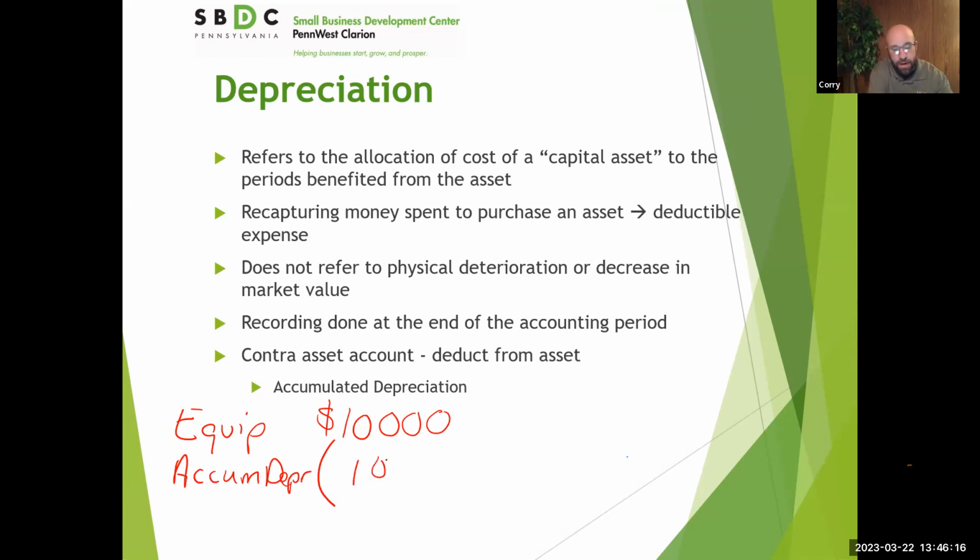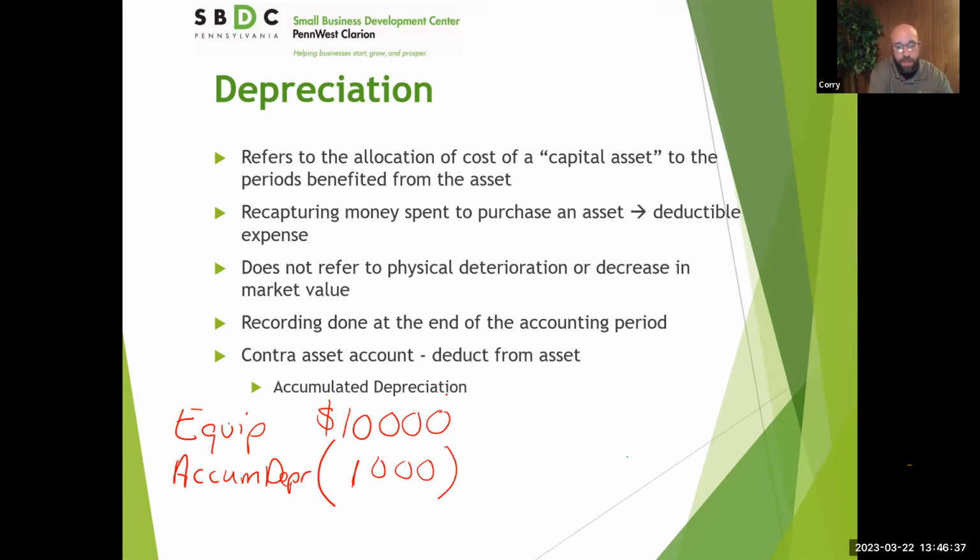Then each year we will have a depreciation expense on our income statement, but on our balance sheet, which is what we see on the screen right here, you're going to have a $1,000 contra asset account, or think of it as a subtraction away from this equipment.